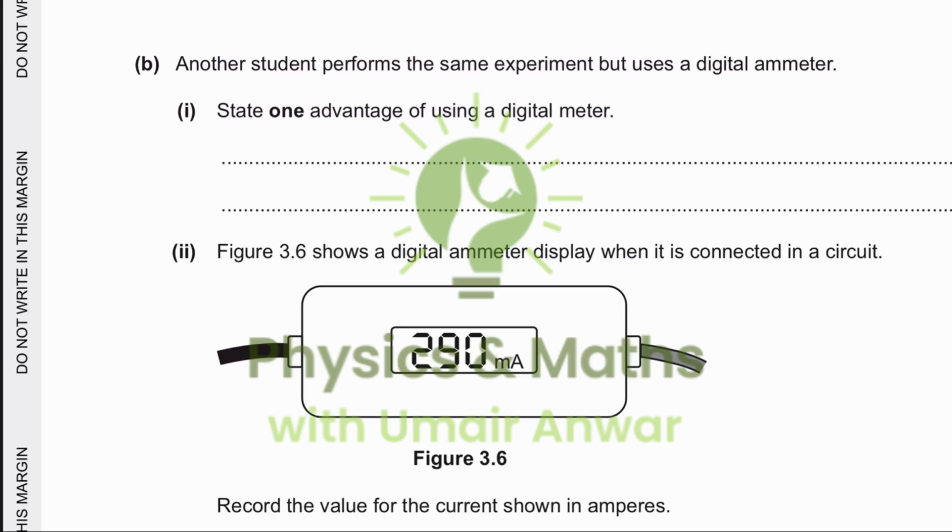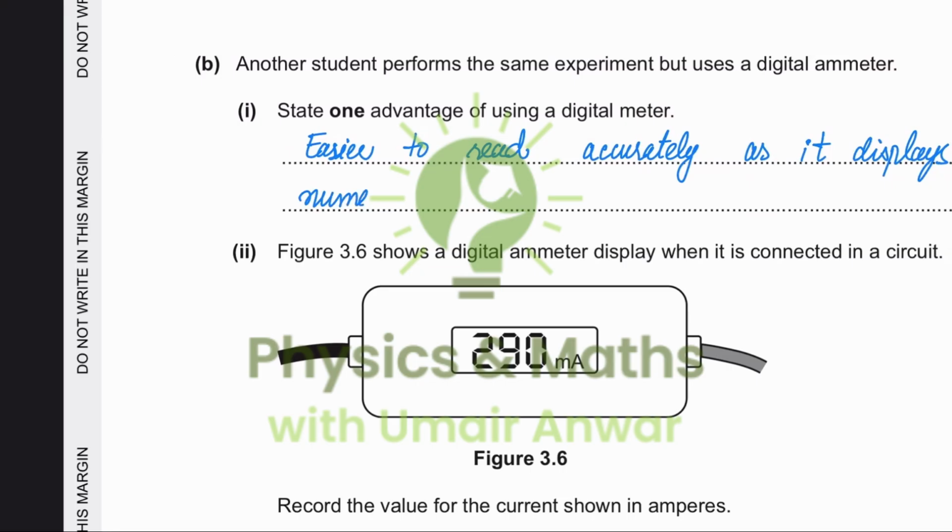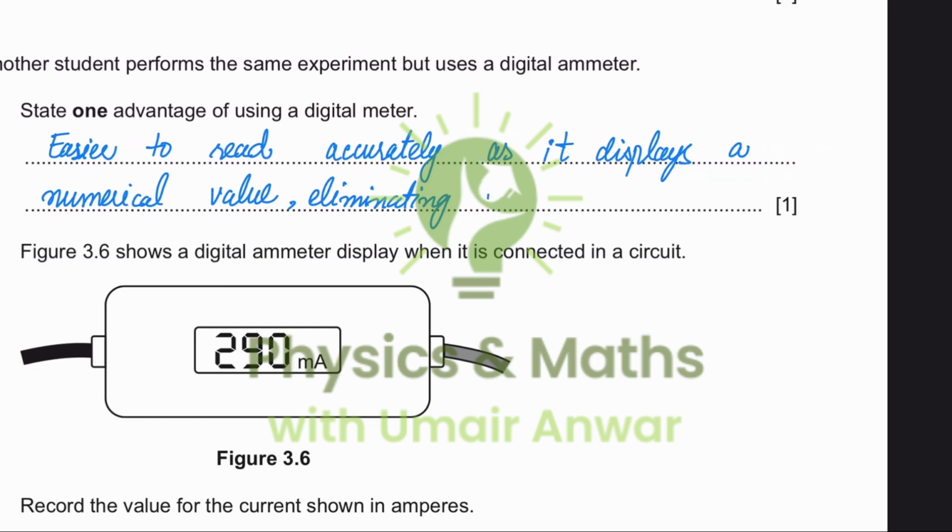Okay, so the first advantage which could be written is that it is easier to read accurately as it displays a numerical value, eliminating the chances of parallax error.